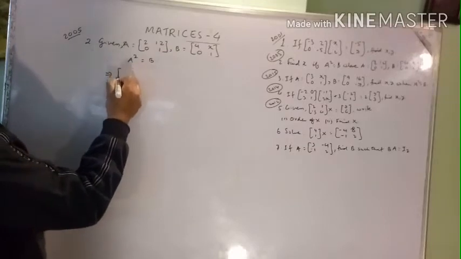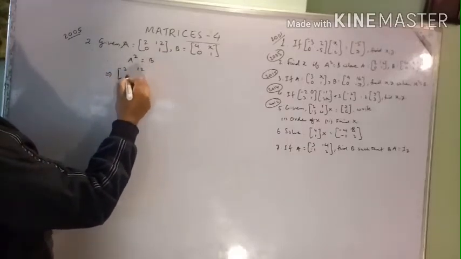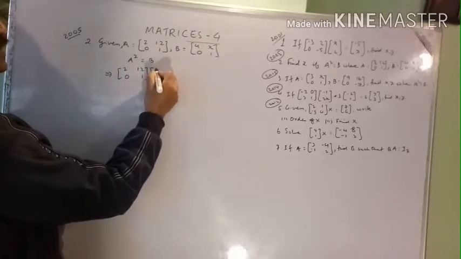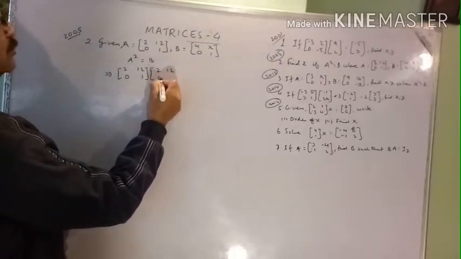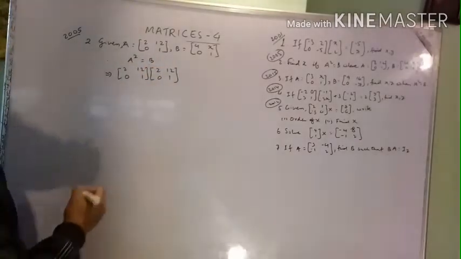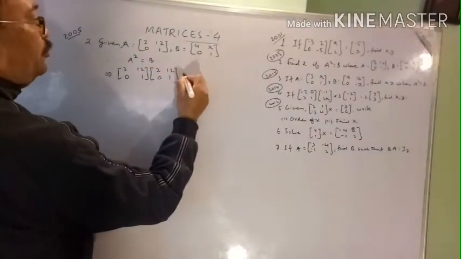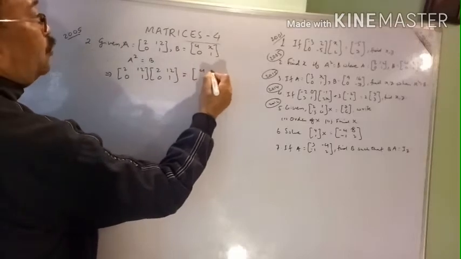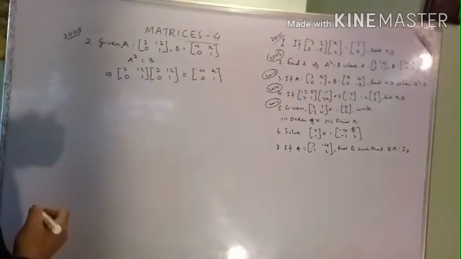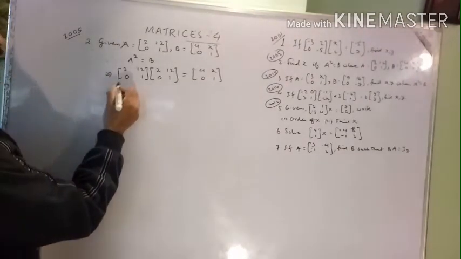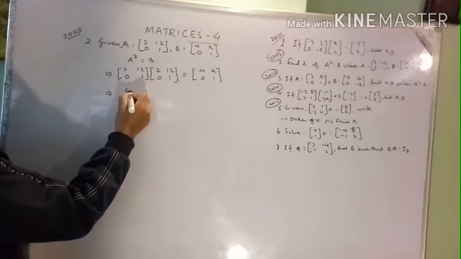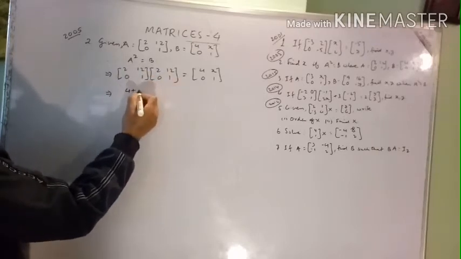So this implies, now put the values of matrices A and B. A is [2, 12; 0, 1]. Square is there, so we write once again [2, 12; 0, 1]. A square means A into A. Equal to B, which is [4, x; 0, 1]. Now let's multiply these two. Row into column. 2 into 2, 4 plus 12 into 0 is 0.